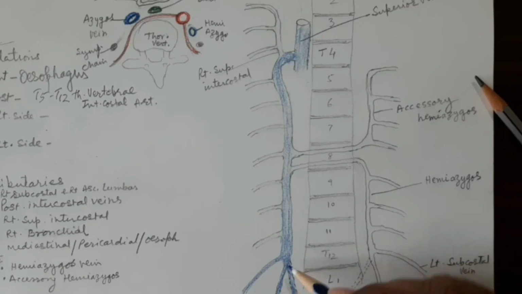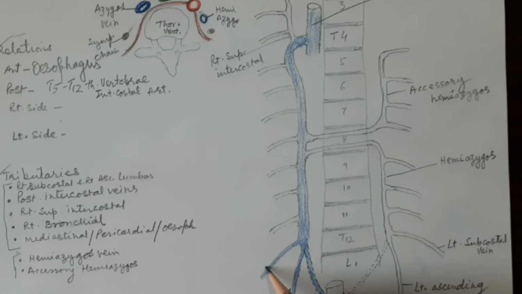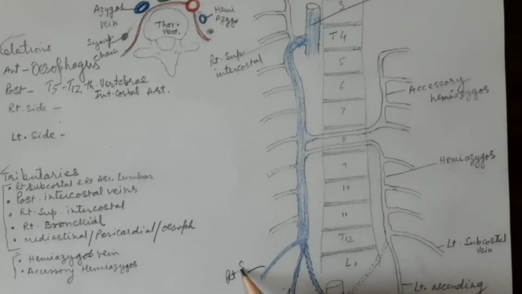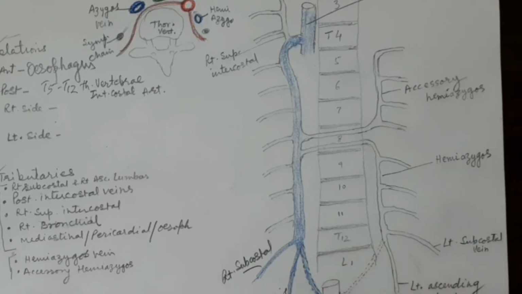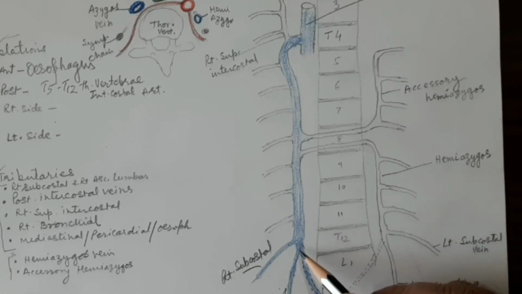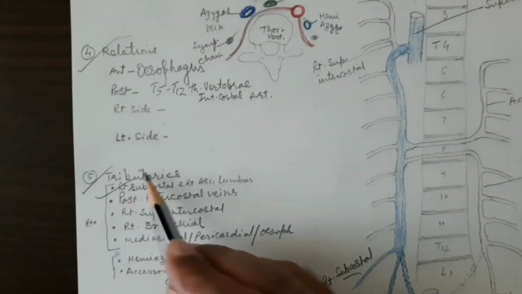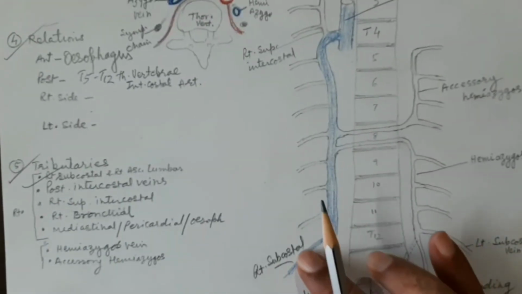So it is the right subcostal vein at the level of T12, and then the right ascending lumbar vein; both will join to form the azygos vein.